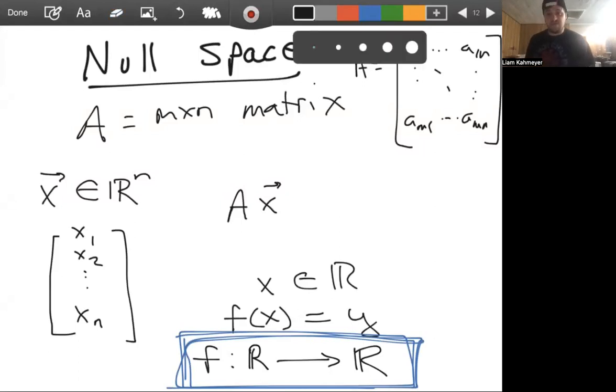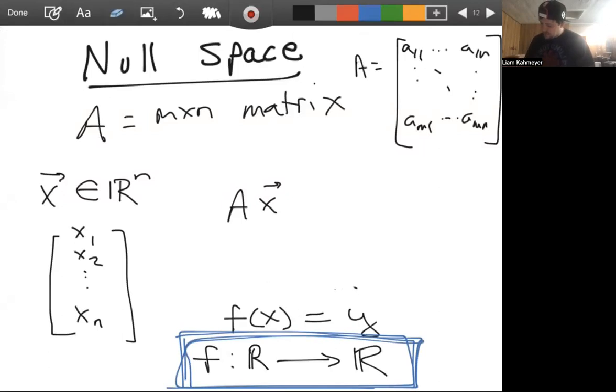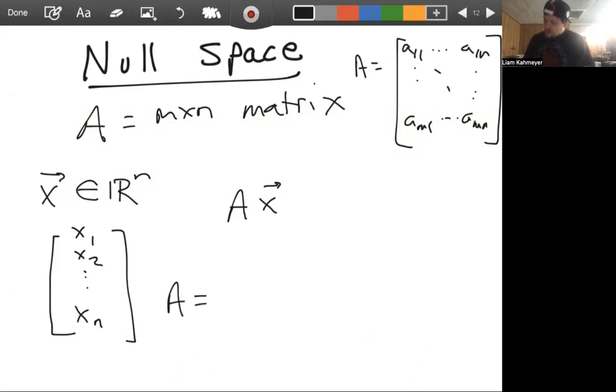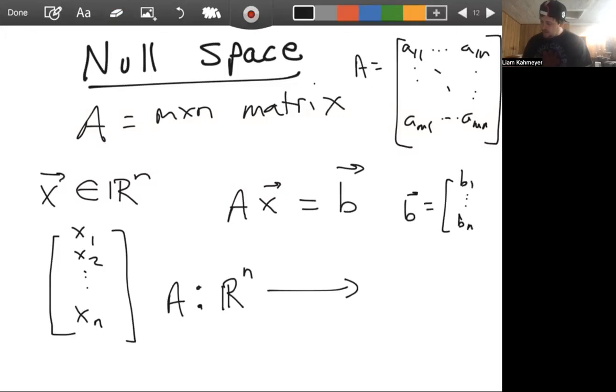And so we can think about a matrix as a function also. We can think about a matrix being a function where the input is an n-dimensional vector. So, right, the input is going to be an element of Rn. And what is the output, right? Well, we usually see this as like AX equals B. And the output B here is usually like B1 through Bm, right?